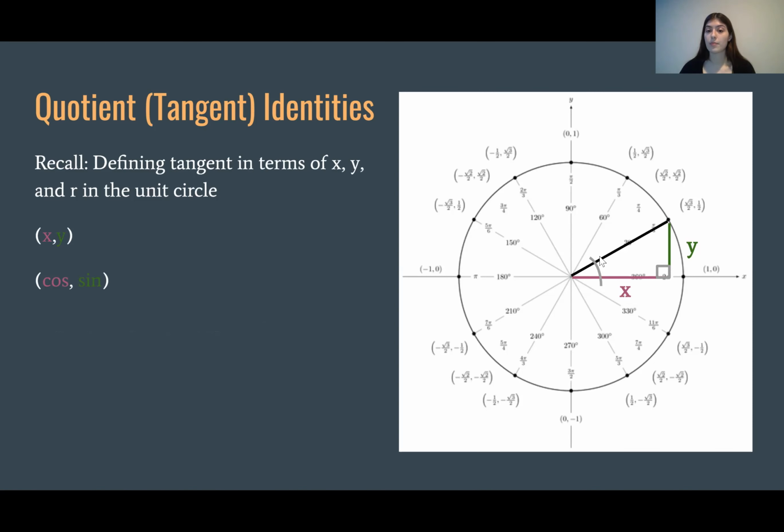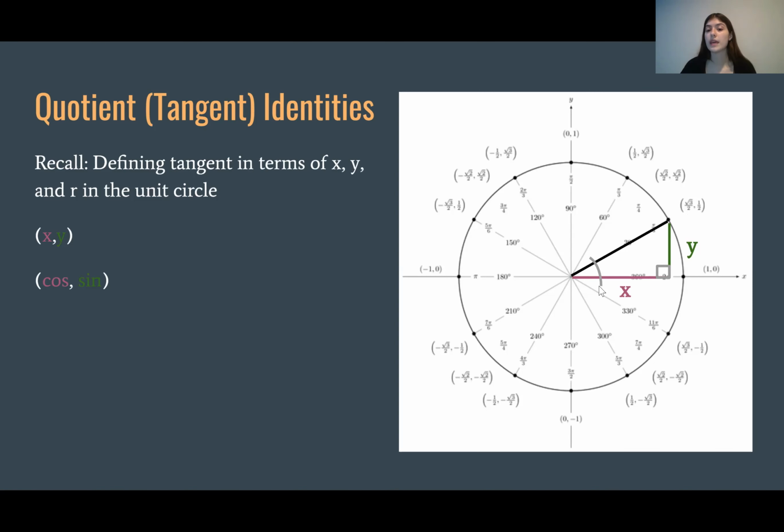Adjacent is x, our hypotenuse is the radius r. When our radius is equal to 1 in the unit circle, then cosine is equal to x over 1, and x over 1 is just x. So the cosine of this angle is equal to the x coordinate point.